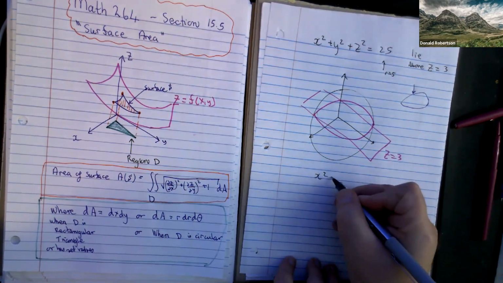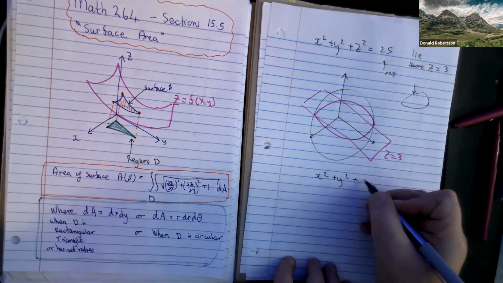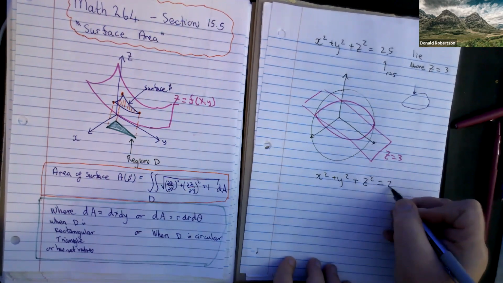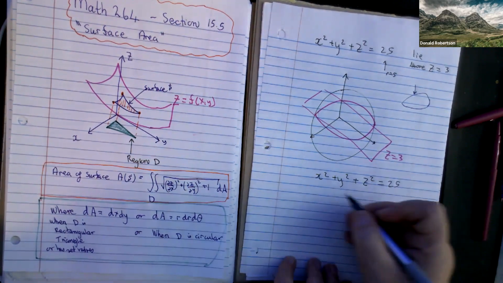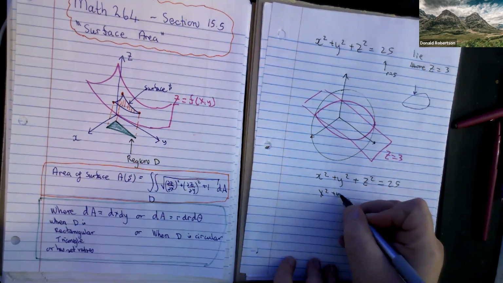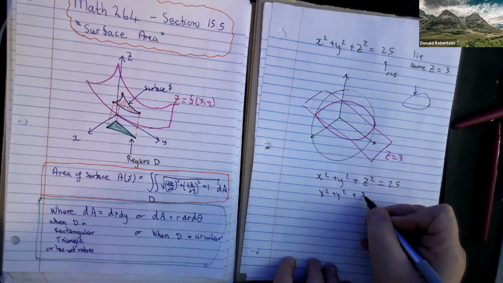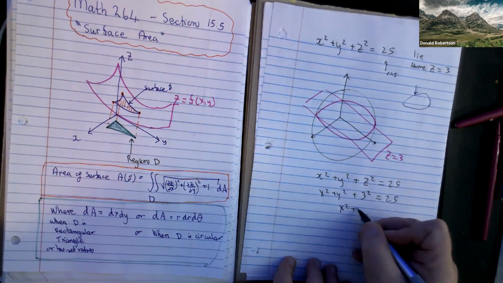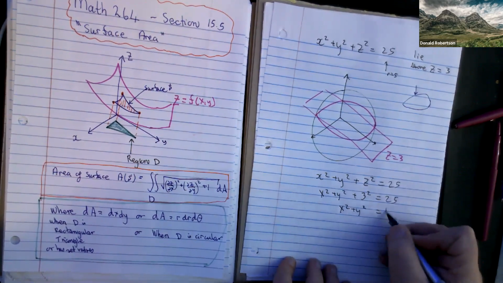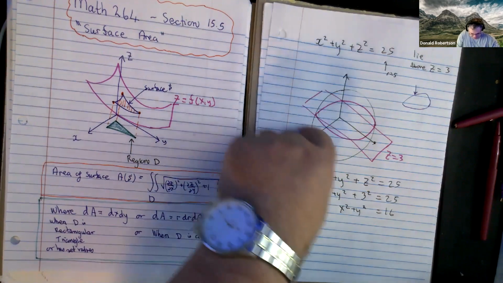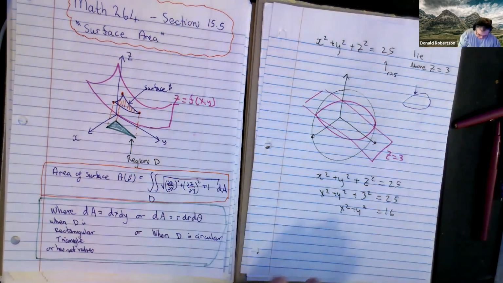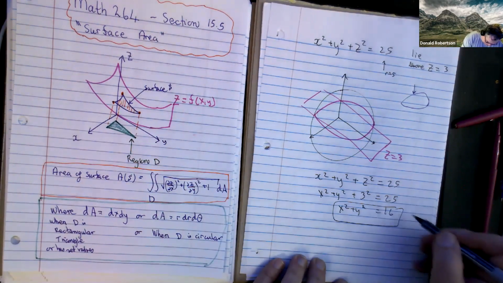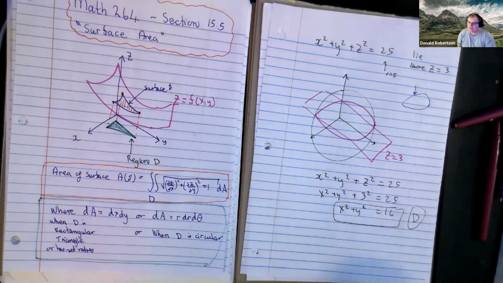So the region, that's this region here, the sphere. If you put z equals 3 in, what you're finding is that circle. That's essentially D. Do you see it was hidden?